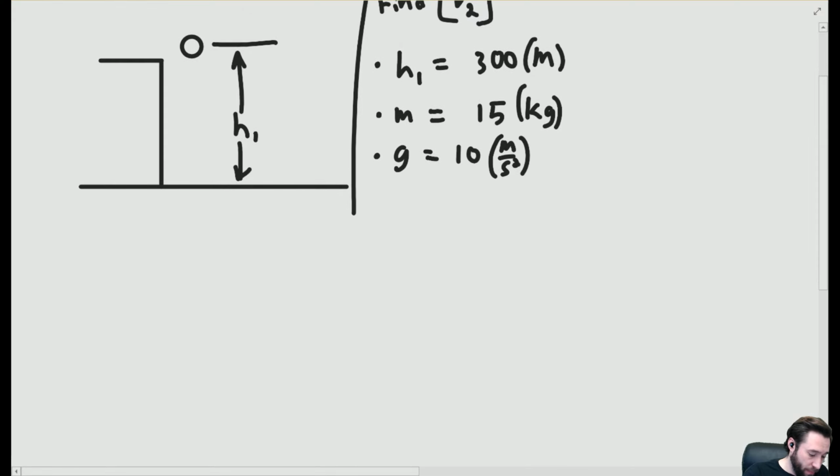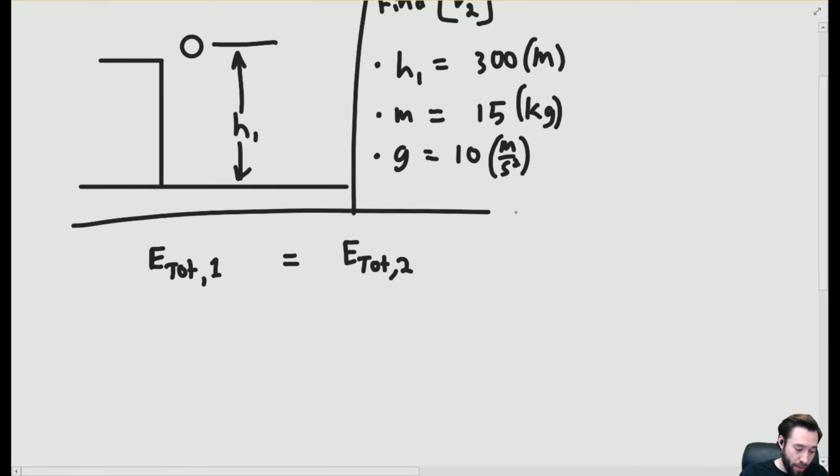All right. So when it comes to having two different states, I want to figure out what is the total amount of energy at state 1. And I know that since energy is conserved, energy can't be added into the system or taken away, it just needs to be transformed.